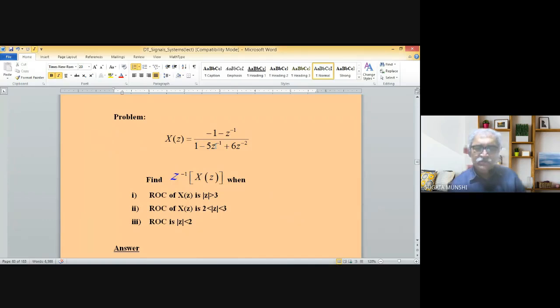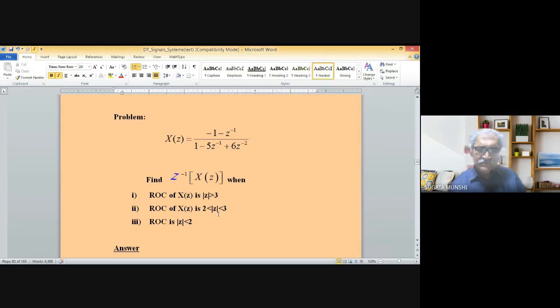One is magnitude of z greater than 3, because there must be at least one pole on the boundary of the ROC and ROD. For magnitude of z greater than 3, the boundary between ROC and ROD is a circle of radius 3. Therefore, a pole must lie here at z equal to 3. So this is one possible ROC.